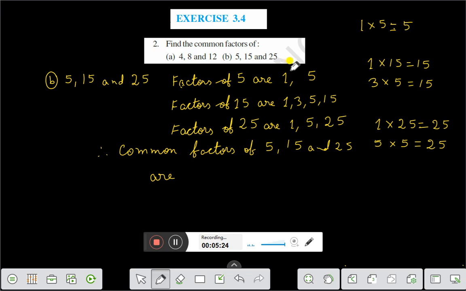Here you see, 1 is common in all three, therefore 1.